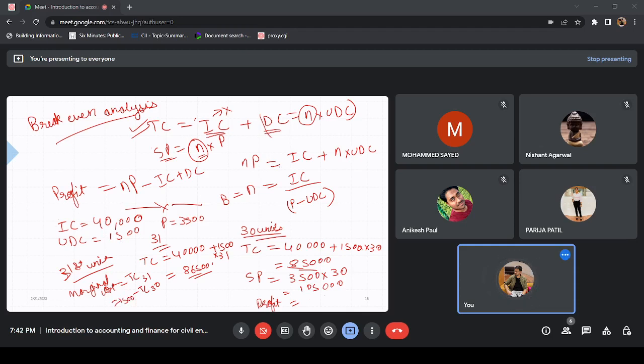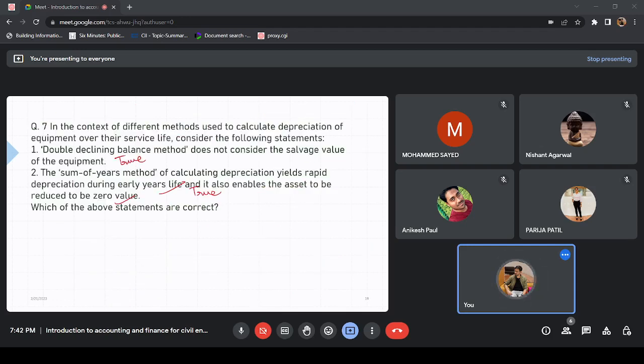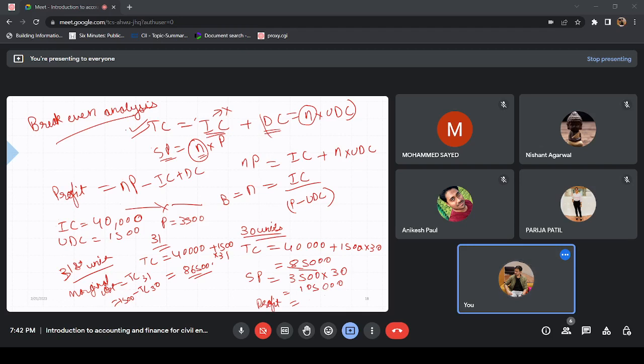Now this is when we have some values and we do the longer calculations, or the same thing could have been done by calculus also. Like you have got this TC, total cost is equal to IC plus n times UDC, or let's come back to this equation we have been talking about here.